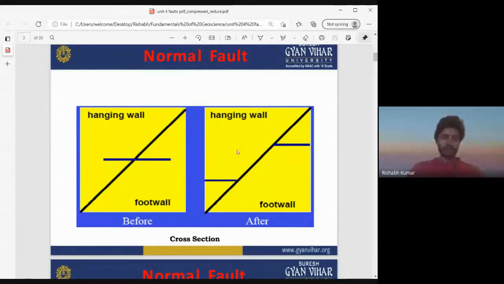So what happens here is that this was the original position. After the fault, your hanging wall has come down, right? यहाँ पे देखो जो मार्क करा था, that has come down.